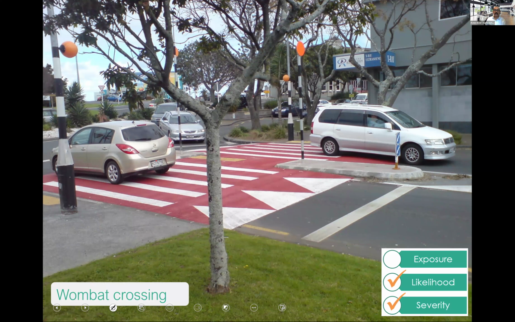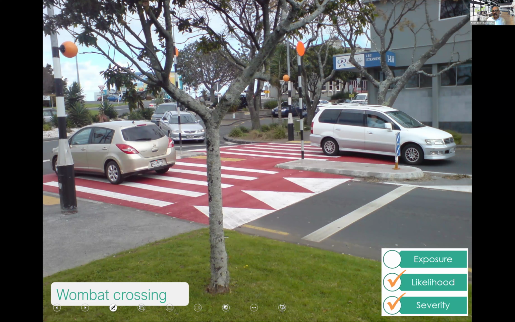It's not likely to reduce the likelihood of crashes too much. Oh, no, it will. It'll reduce the likelihood of crashes a bit, but the severity of crashes is so high where a vehicle misses the crossing or doesn't slow down and a pedestrian steps out.